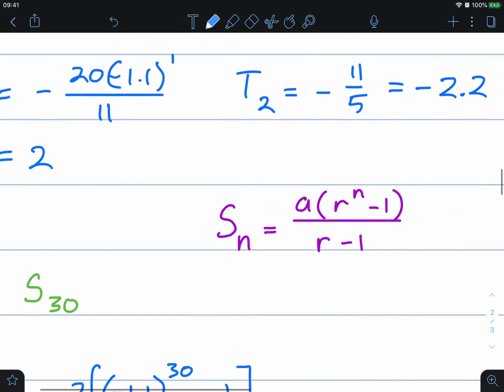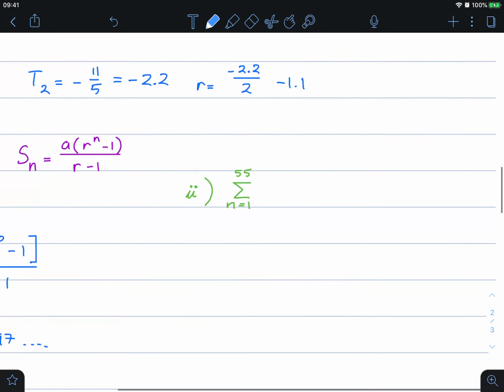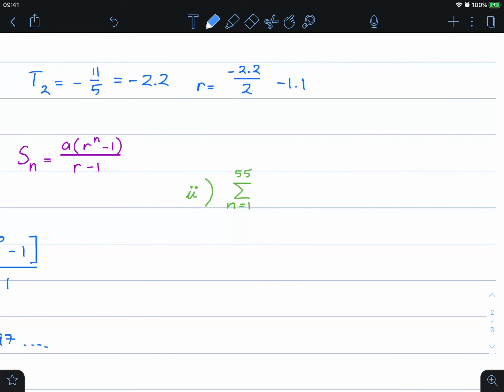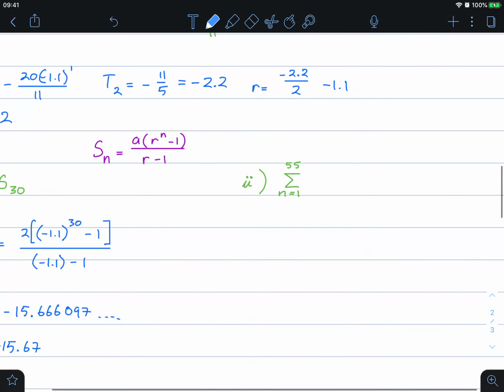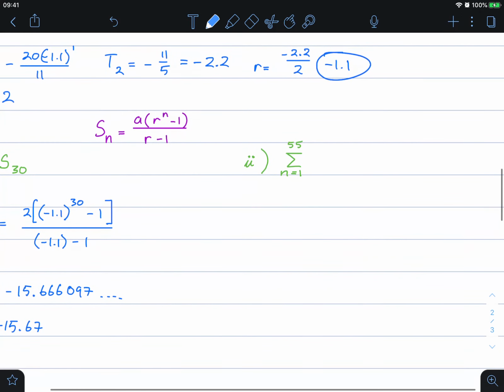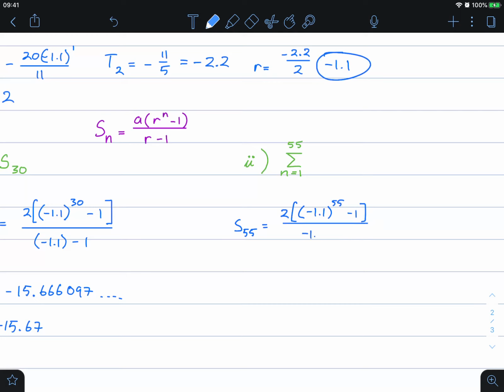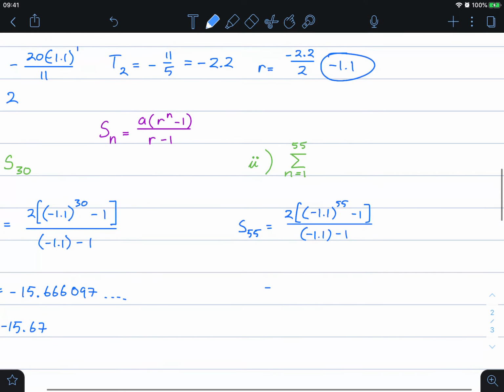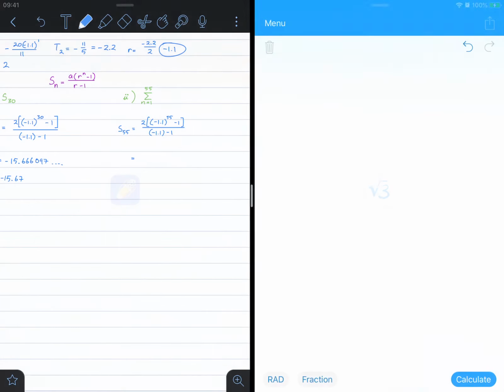Now, one more time, we're looking to find the first 55 terms. Now that we have the common ratio and the first term, we can just use our formula here. So S of 55 is the first term times (negative 1.1 to the power of 55 minus 1) all over negative 1.1 minus 1, into our calculator.